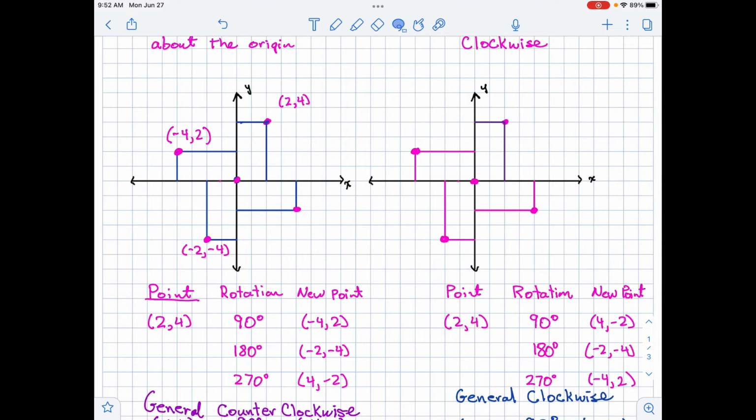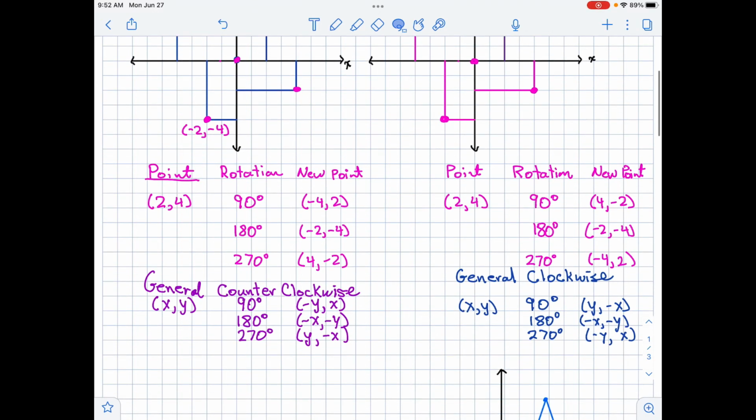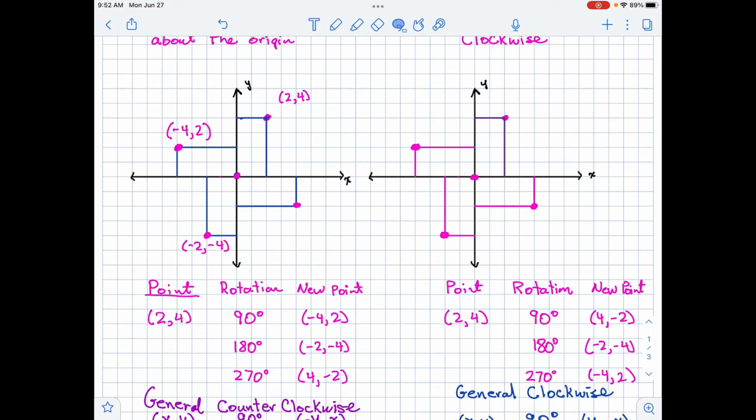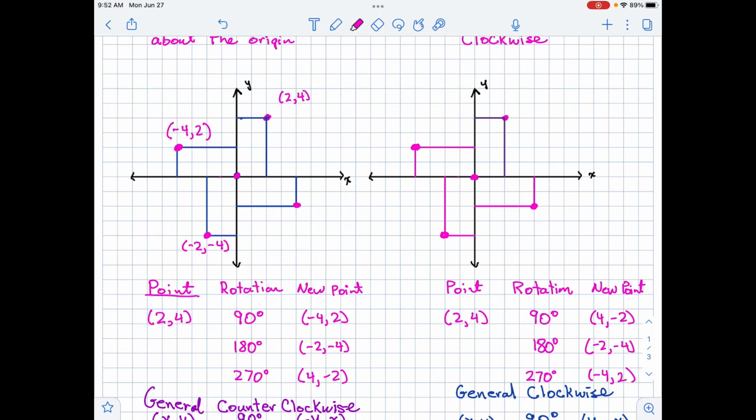If you just start off with a point and look at the rotations and see what happens, it saves you having to memorize it. In other words, instead of memorizing the general counterclockwise and general clockwise, memorize the process that we worked through for these things up here. Just memorize that process, and you can always get the information back by going through the rotations.